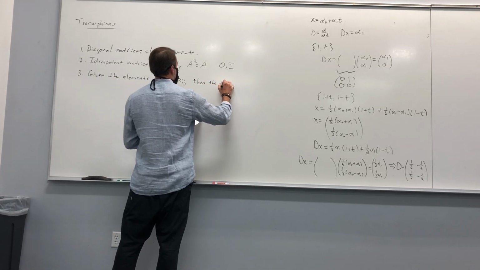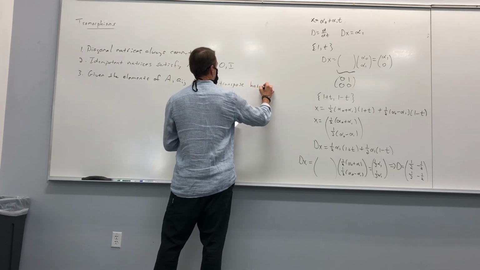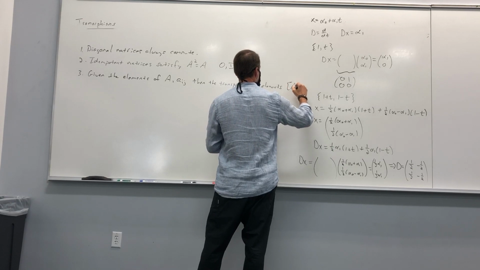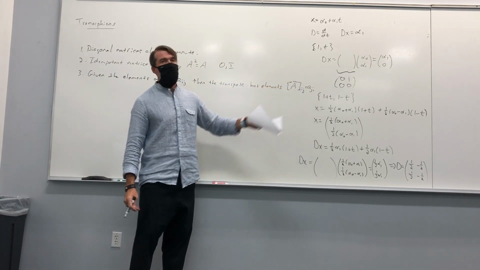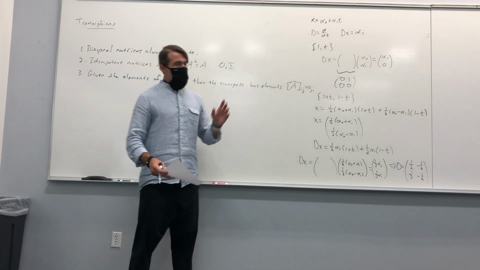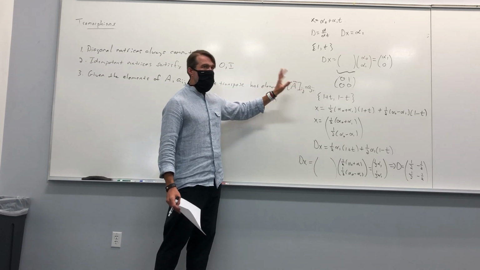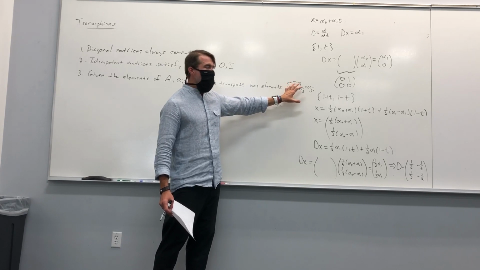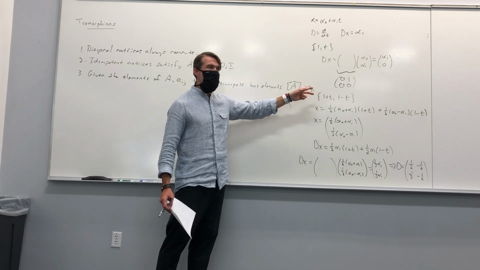Then the transpose has elements, this is obvious, that is the elements of the transpose of the matrix. Transpose is indicated by a twiddle. I know you're used to a capital T, but we're going to use a twiddle to keep in line with the book. The ijth element of the transpose of the matrix is just what you get by flipping the indices.